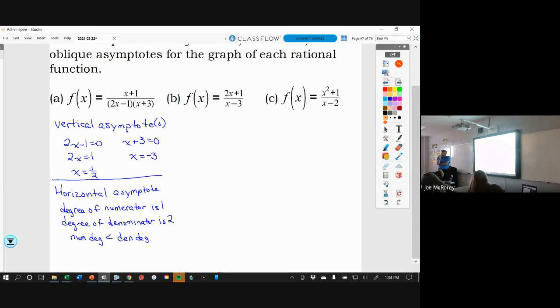I'm going to take that 1 candy bar, and I'm going to share that 1 candy bar with the entire population of the earth. How much candy bar will each of you receive? Not enough to see. Essentially nothing. Okay, so when the degree at the top is smaller than the degree at the bottom, you'll have a horizontal asymptote at y equals 0. I'm taking that 1 candy bar, I'm dividing it by the entire population of the earth. You essentially get nothing.